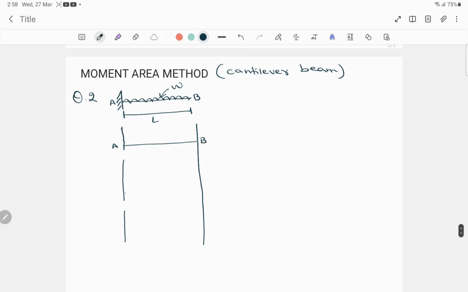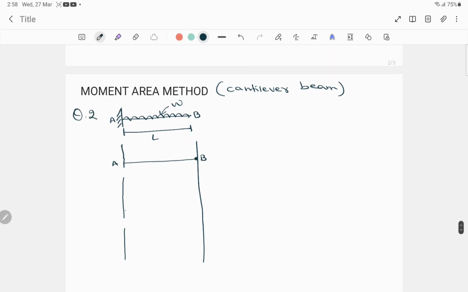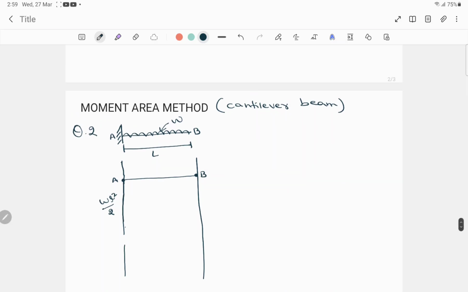The bending moment at B will be 0. The bending moment here at A point will be W L square by 2. It will be somewhere here, and since a UDL load is acting on this beam, the shape will be parabolic.